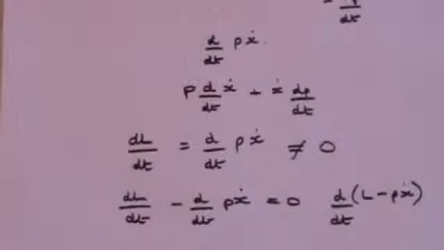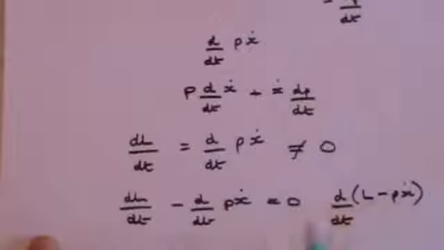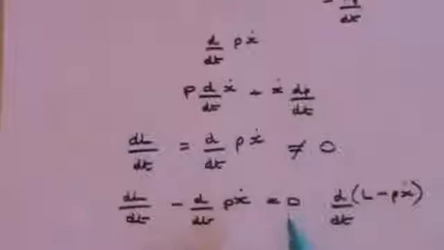So the time derivative of a thing called the Lagrangian minus momentum times velocity is conserved, because the time derivative of this quantity here equals 0. Which means it doesn't vary with time, which means it's conserved.